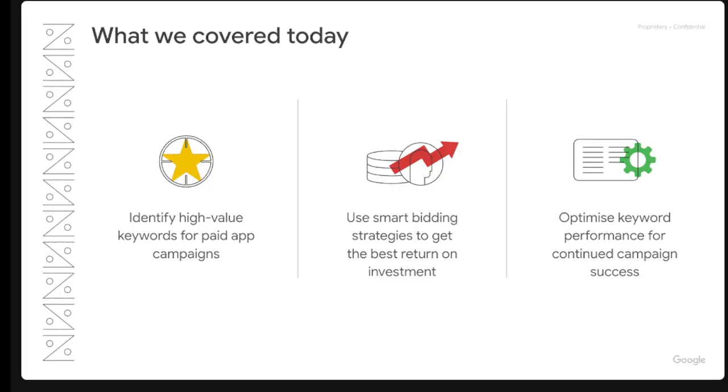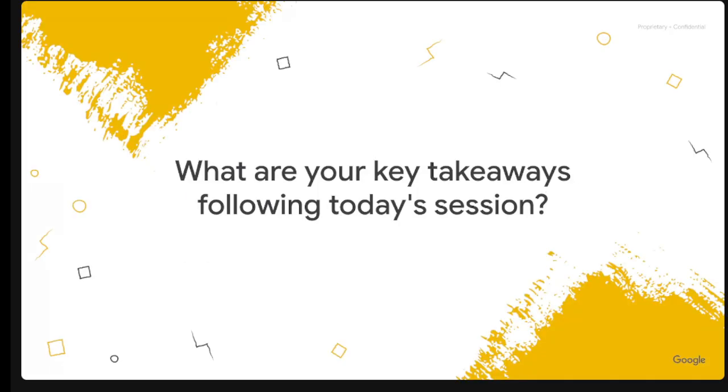We discussed how to set appropriate bidding strategies and utilize competitive bidding techniques. And then we discussed how to optimize keyword performance for continued campaign success, especially at the different phases of the user journey. Okay, so that's what we covered in this short session.